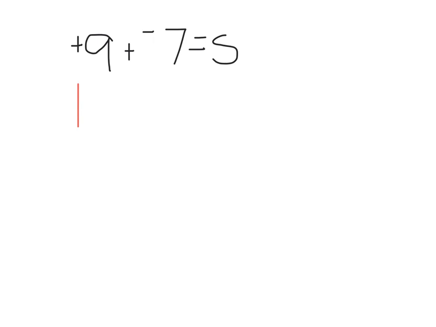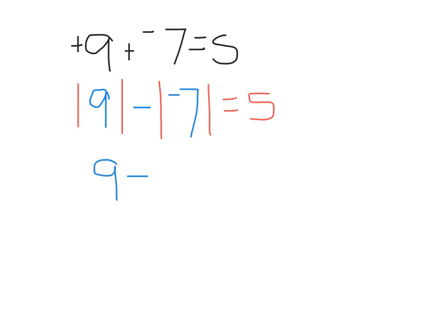I'm going to write that with the absolute value sign in a different color so you can see that it's not a 1, it's the absolute value sign, minus, because we have to subtract, the absolute value of -7 equals s. So the absolute value of 9 is 9, minus the absolute value of -7, which is 7, and that equals 2.